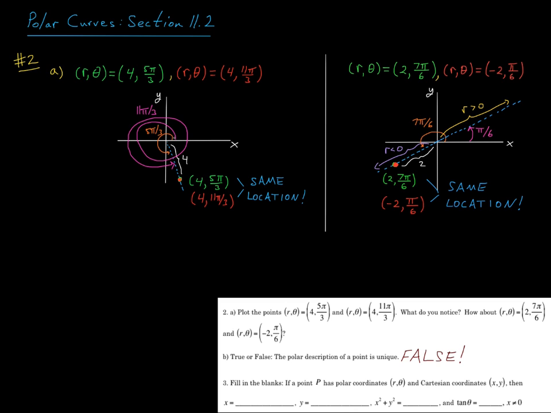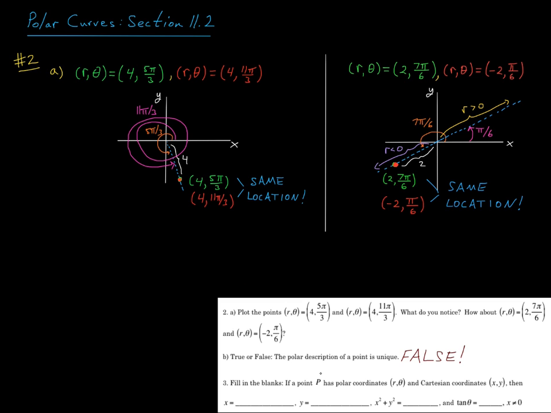In fact, I could consider other coterminal angles by just adding or subtracting 2π from either one of these angles. And if I don't change the value of r, I'm going to get the same location just described by different polar coordinates. And then likewise here for this second pair of points.